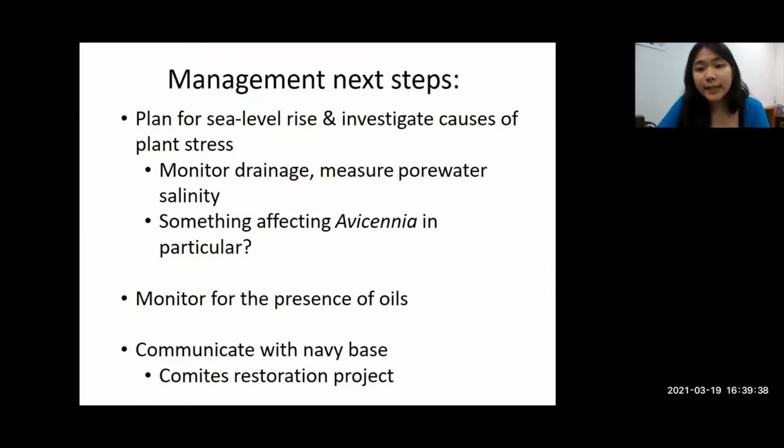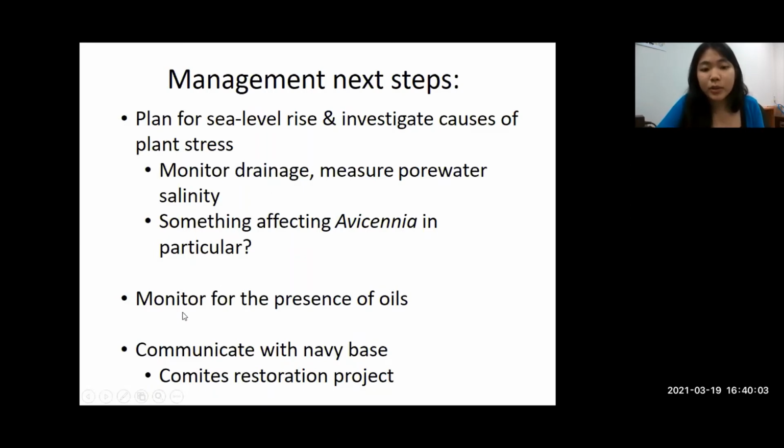So management next steps for this particular spot. We also want to plan for sea level rise and investigate causes of plant stress. If we can find out more about why that tree was not having that many leaves, that would probably be really helpful. We could measure the pore water salinity, the amount of salt in the little bits of water in between the sediment particles, monitor drainage, is it just not draining well?